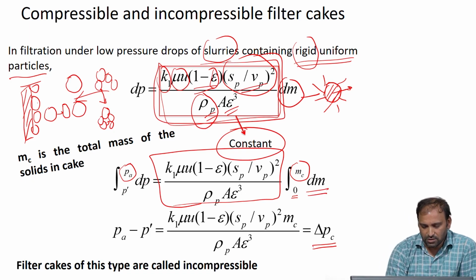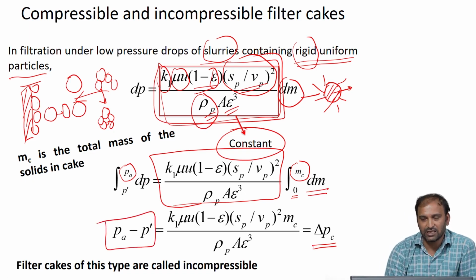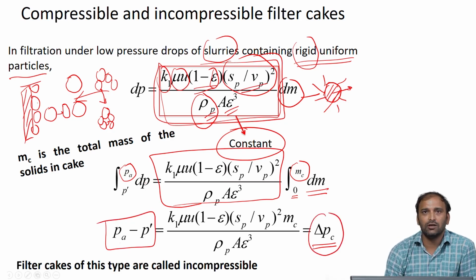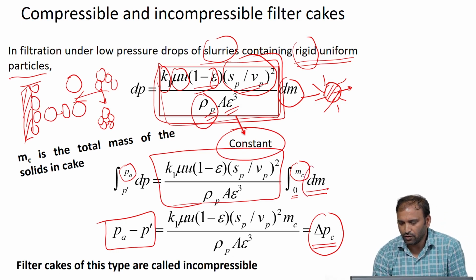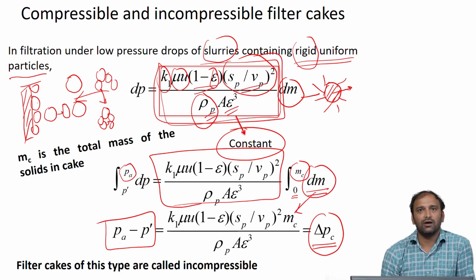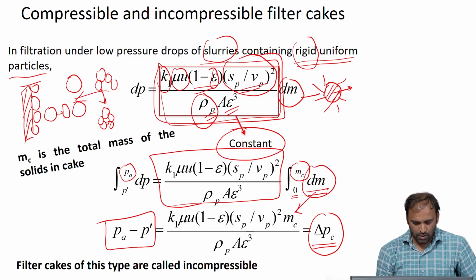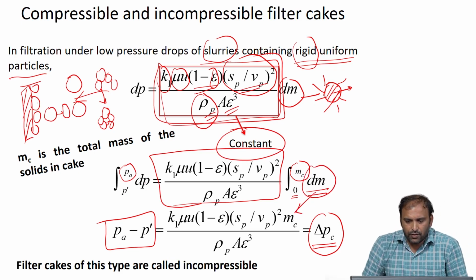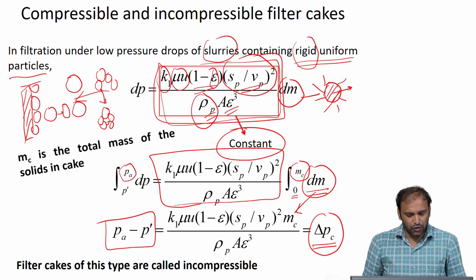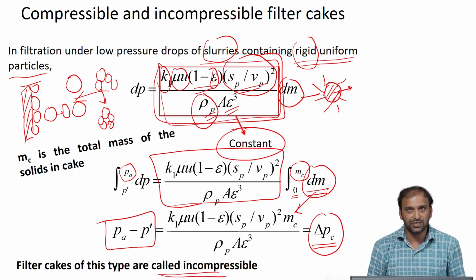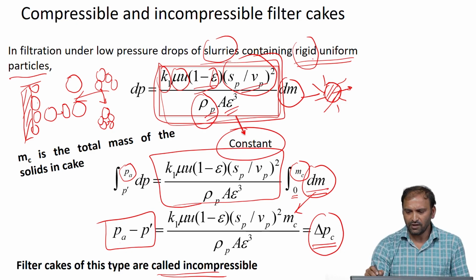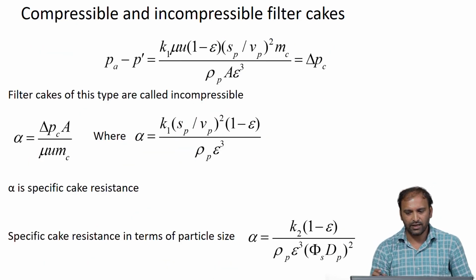This gives Pa minus P prime, which is delta Pc, the pressure drop across the filter cake, and so this becomes proportional to mc. In this case I have assumed that the filter cake is incompressible, and that is only true if I am working with rigid particles.